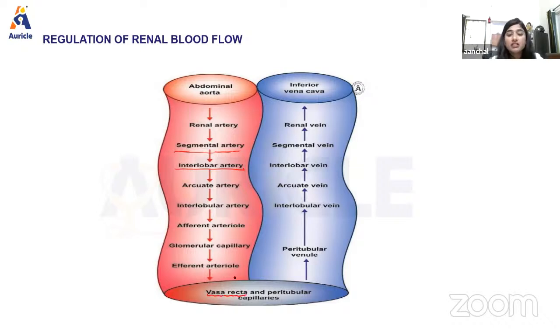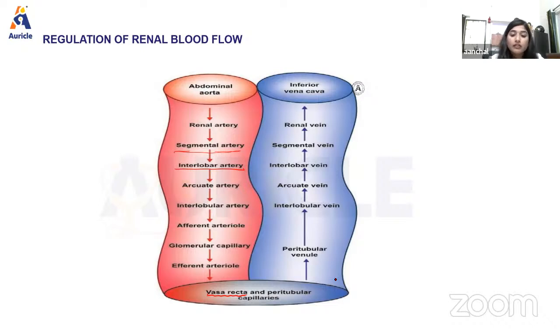As we have discussed in the last class also, peritubular capillaries are found in cortical nephron, whereas vasa recta are found in juxtamedullary, right? Now, the vasa recta arise directly from the efferent arteriole of the juxtamedullary nephron and run parallel to the renal tubule into the medulla and ascend up towards the cortex.